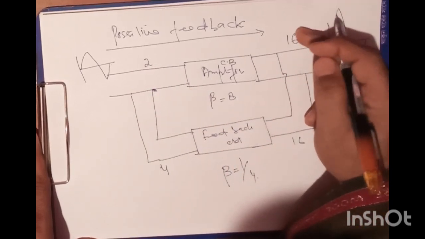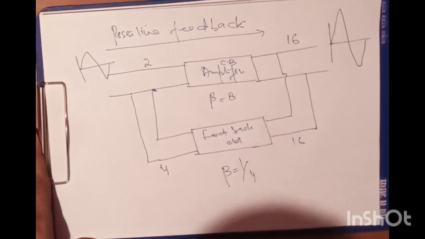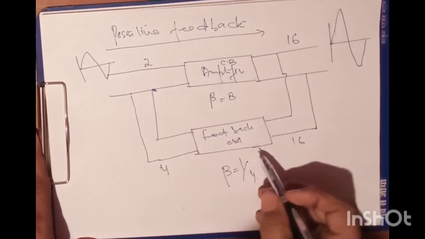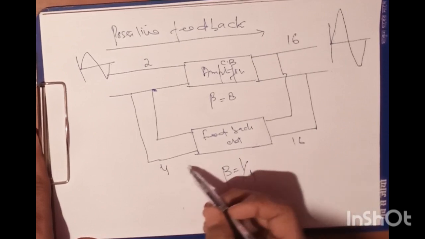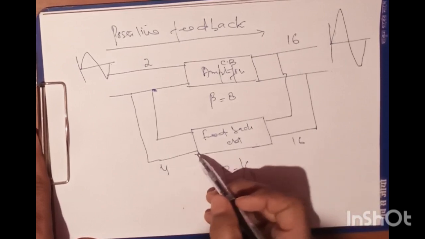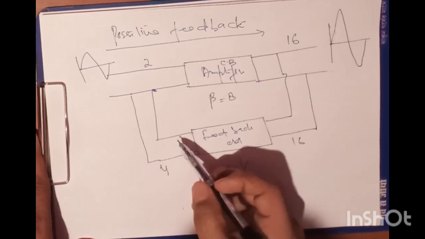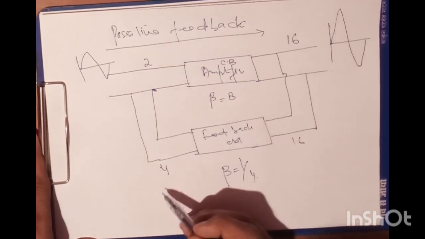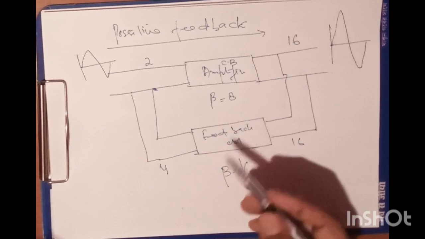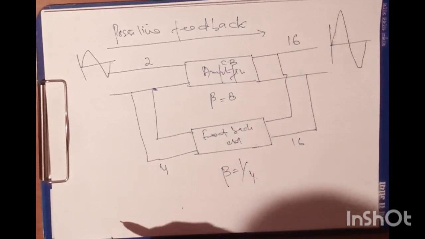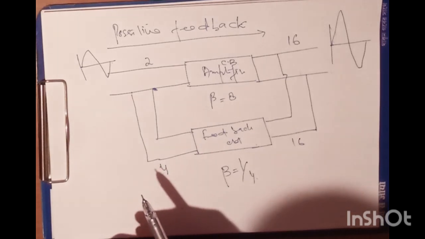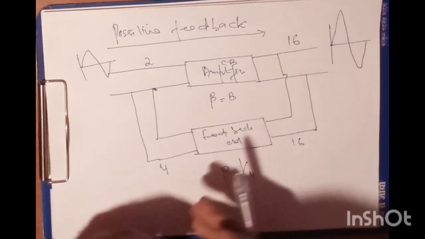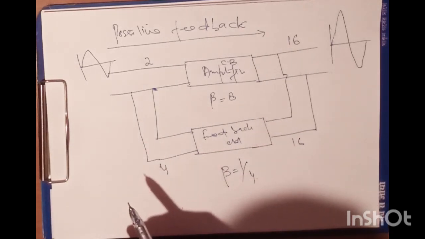After that this 48 will come back, and we have to take 1/4 of 48, and that will be the feedback given to the amplifier again. Now the numbers that I have noted don't have any physical interpretation. They are just to understand the concept of positive feedback.